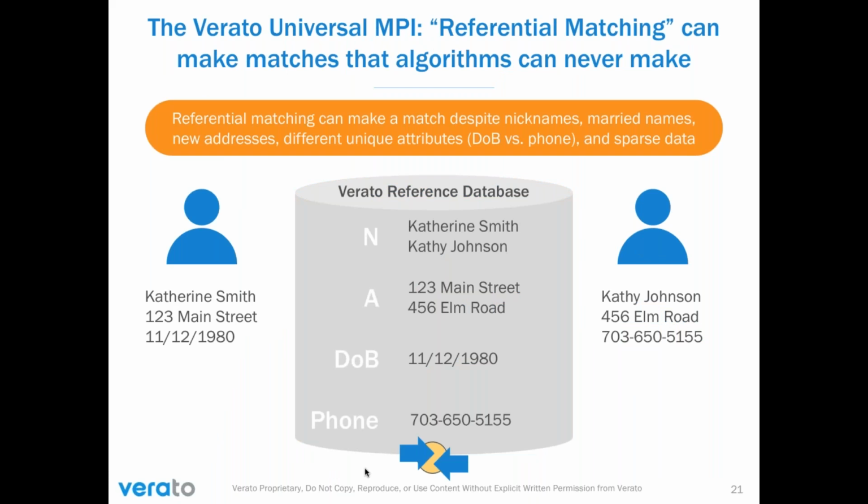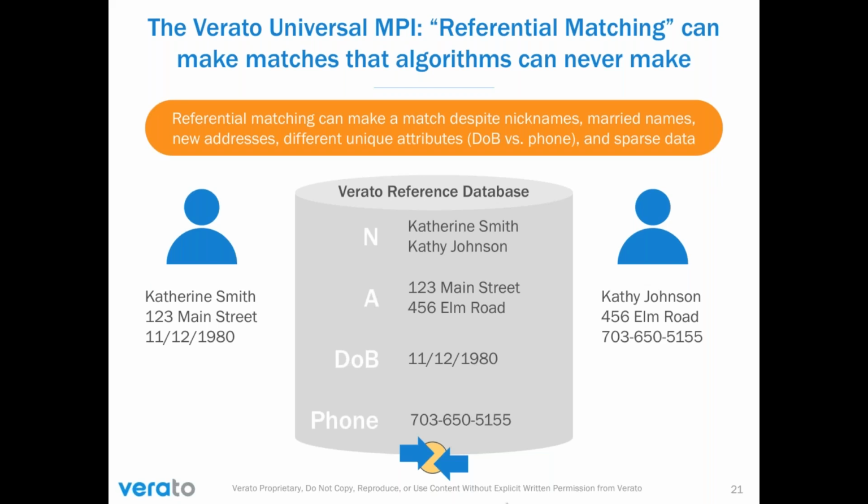So to visualize how that works, if you look at this example, you've got a medical record on the left from facility A, Catherine Smith, 123 Main Street. Let's say Catherine Smith presented at Hospital 1 six months ago. And then Kathy Johnson comes and presents at Hospital 2.